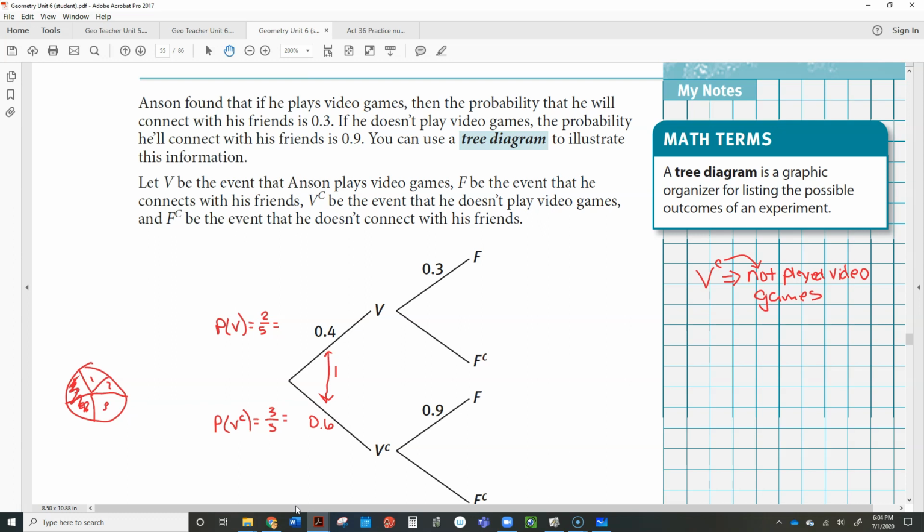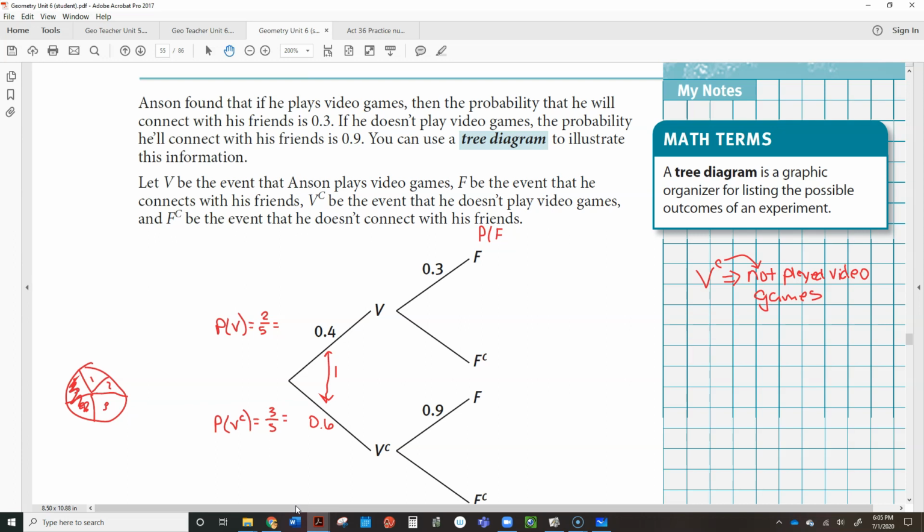Okay, then it says Anson found that once he's decided that he played video games, the probability that he will connect with his friends is 0.3. So they put over here 0.3. Now, what I want you to understand is that this is the probability that he's going to connect with his friends, but it's not independent of this.